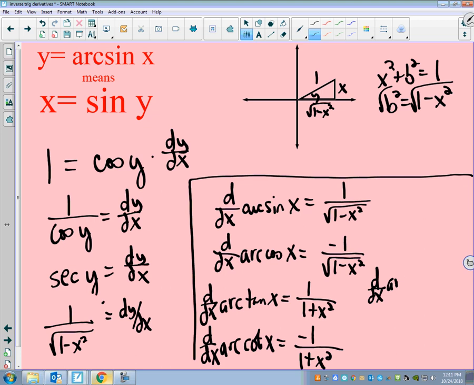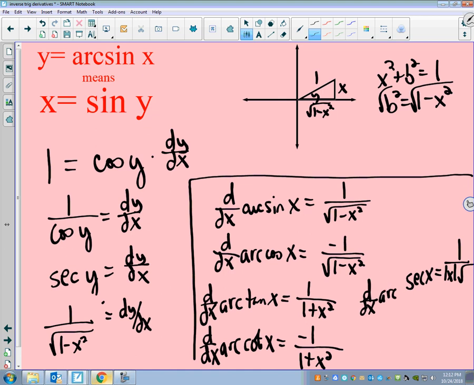The derivative of arcsecant is 1 over the absolute value of x times the square root of x squared minus 1.